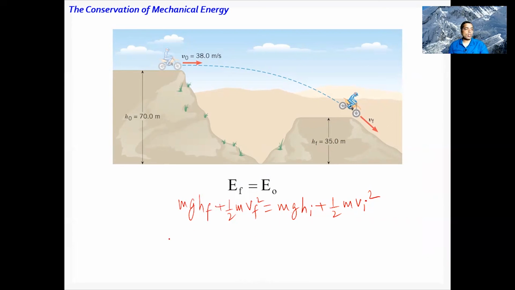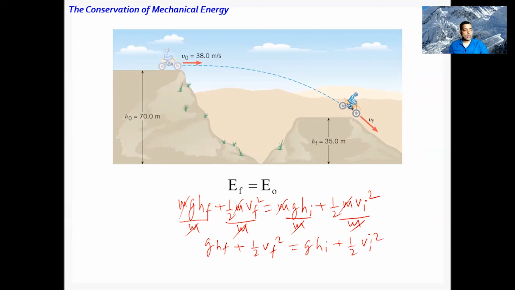Okay, that's your conservation of energy. Now we have m everywhere, so you can divide each term by m, and the m cancels out. Then you have ghf plus 1 over 2 vf squared equals ghi plus 1 over 2 vi squared.